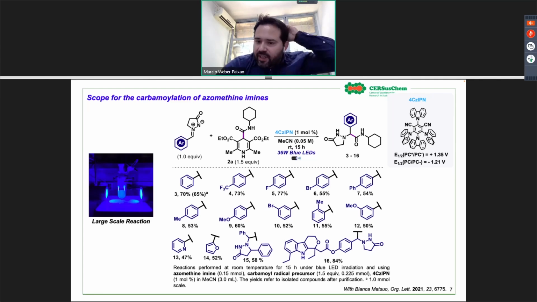Bianca, in order to demonstrate the method's applicability in late-stage functionalization of complex molecules, prepared a substrate derivative from etodolac, which is an anti-inflammatory drug. This substrate possesses a benzylic C-H bond and an acidic N-H bond, which are known to interfere with radical pathways.